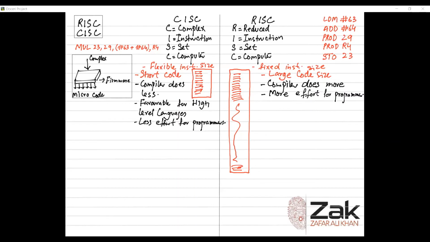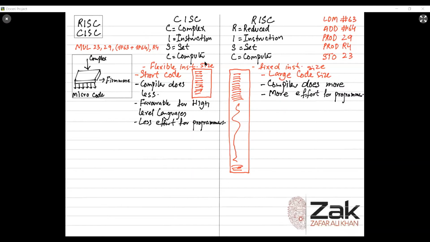Over here, we are given an instruction set which is for that processor's word size. But over here, we are flexible. When we write more, the processor breaks it itself. Over here, when we write, we have to write the way the processor wants it. So the processor is doing it itself here, and here we are doing it ourselves. So this is flexible instruction size, and over here it is fixed instruction size.